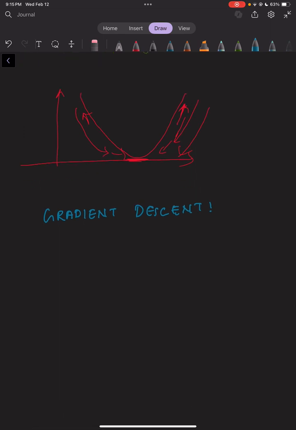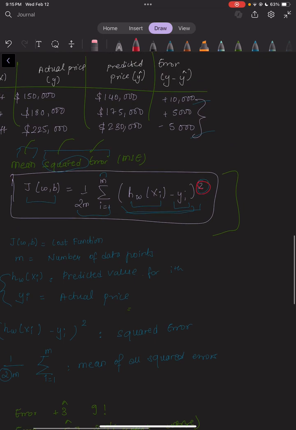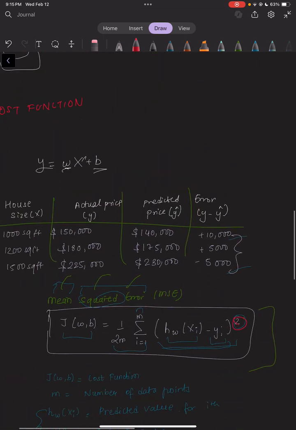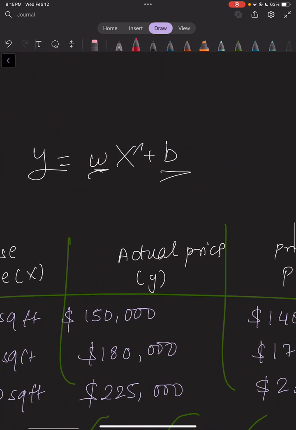Gradient descent is basically the learning process. That's why I find it really interesting, because it's the learning process. We start with a random guess for, if we go back to the cost function, our best fit line function, we have this.